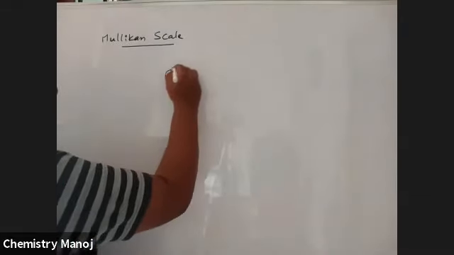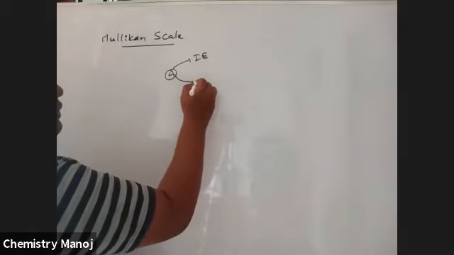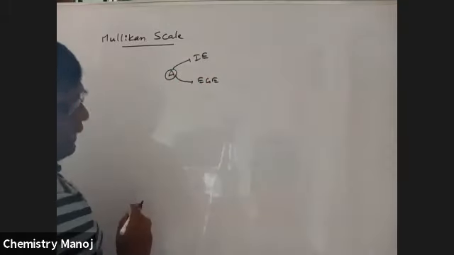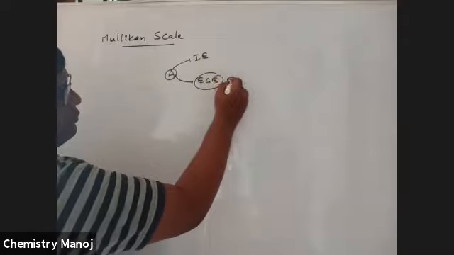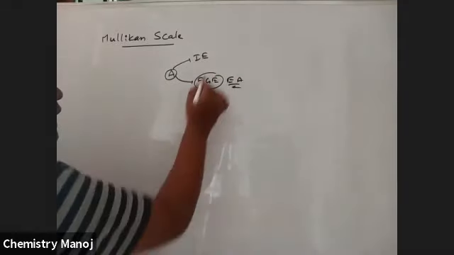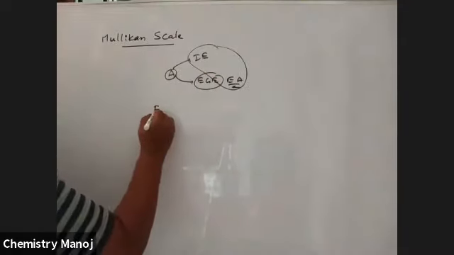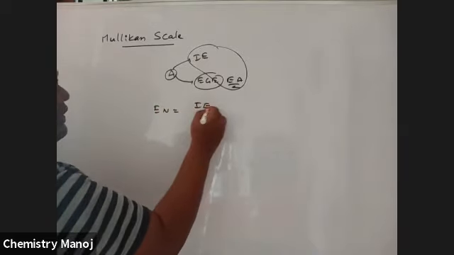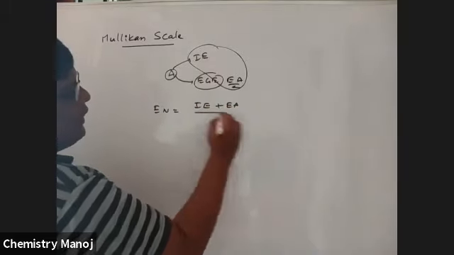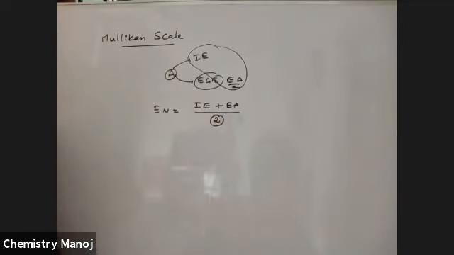According to Millikan, let us take an atom. It has ionization energy and electron gain, or electron affinity. Taking the average of these two values, electronegativity is equal to ionization energy plus electron affinity divided by 2.